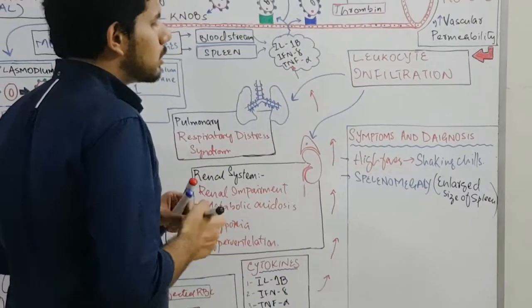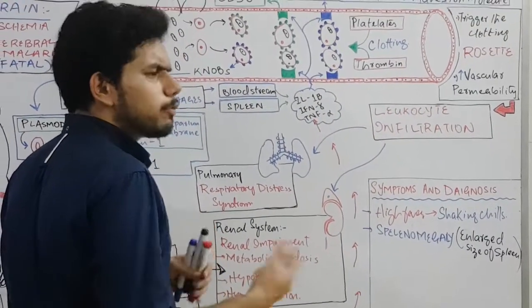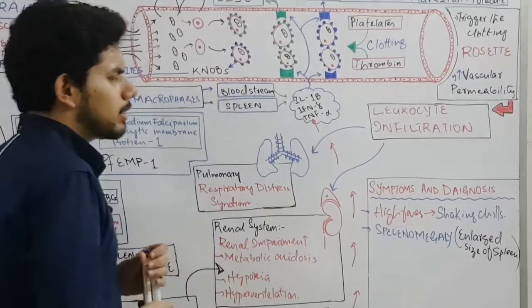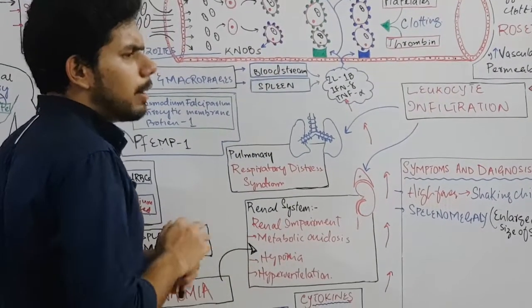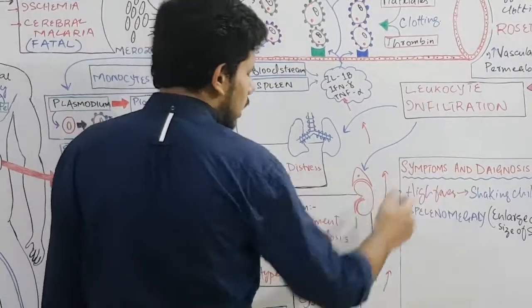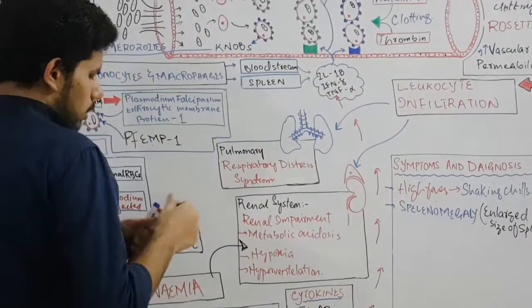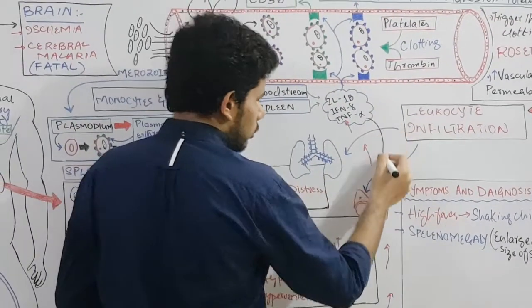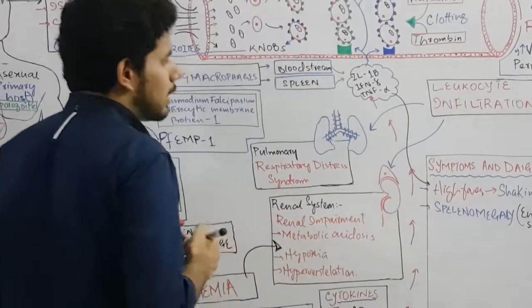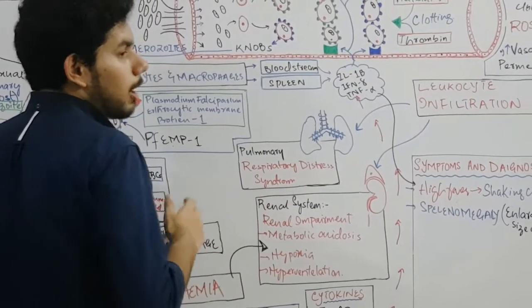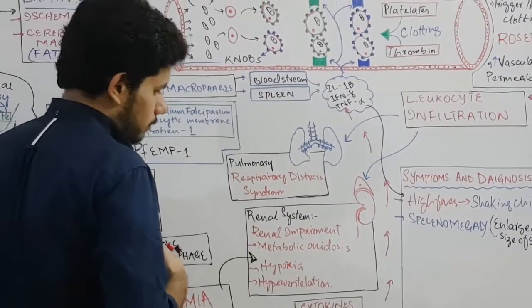There are many more symptoms of malaria, in which flu is another symptom, and high fever, and much more. And all this high fever and shaking chills are due to these cytokines, because they induce a fever in the human body.